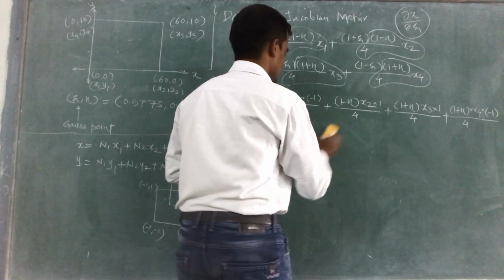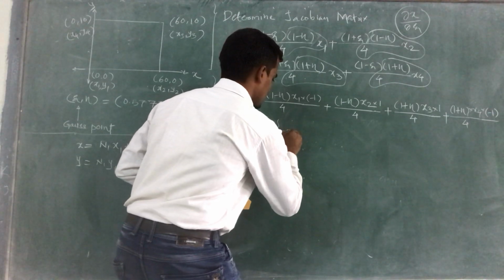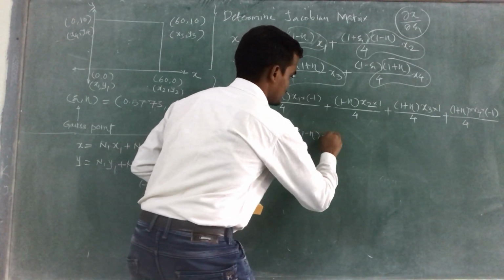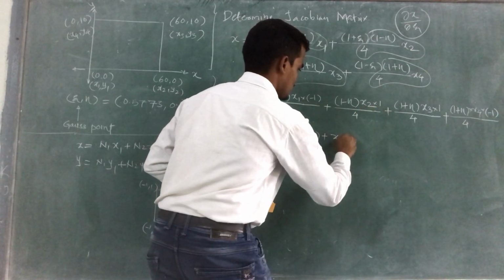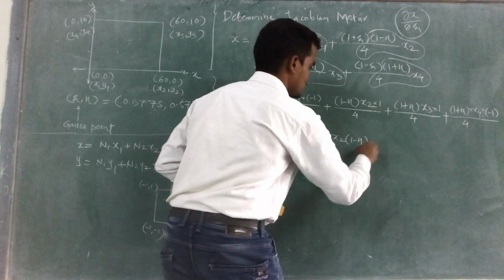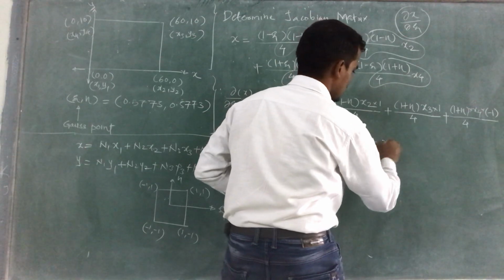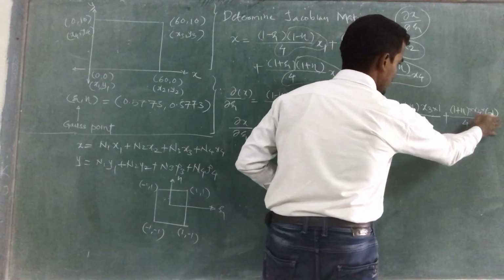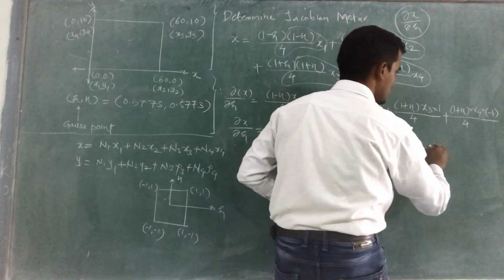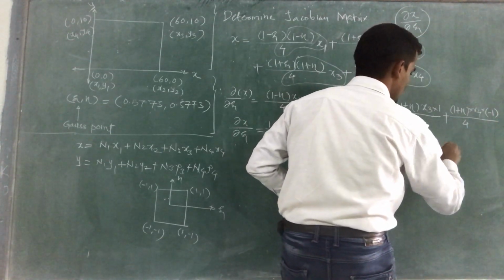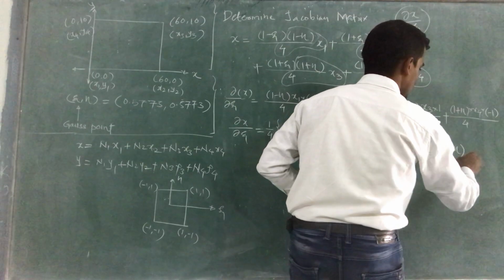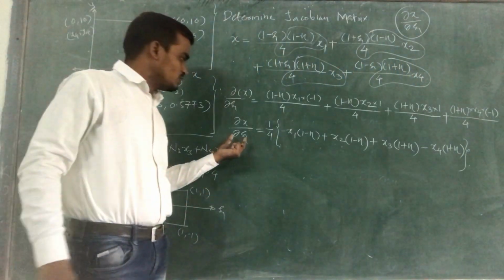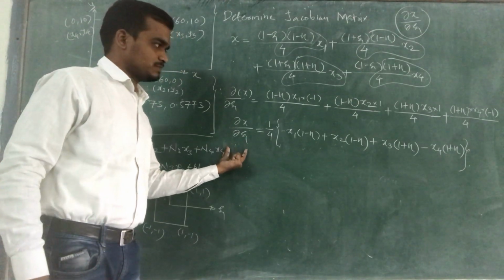So we can write minus x1 times (1 − θ) plus x2 times (1 − θ) plus x3 times (1 + θ), and here it is minus 1, so it will become minus x4 times (1 + θ), and bracket complete. So in this way you will get ∂x/∂ζ.